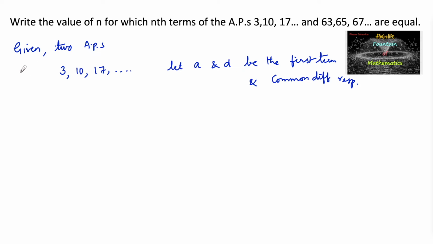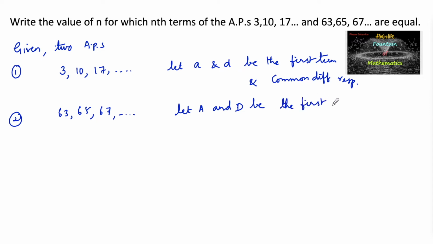And the second sequence is 63, 65, 67 and so on. Let us consider capital A and capital D be the first term and common difference respectively. So we have a is equal to 3 and d is equal to 10 minus 3, which is equal to 7.